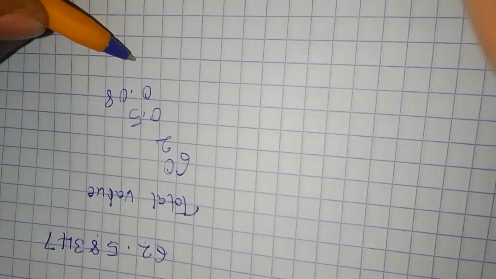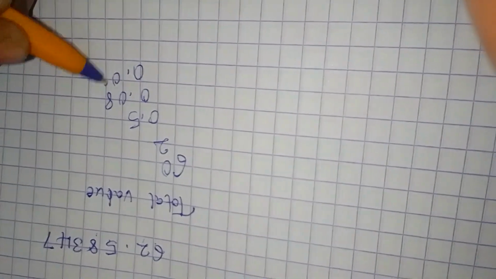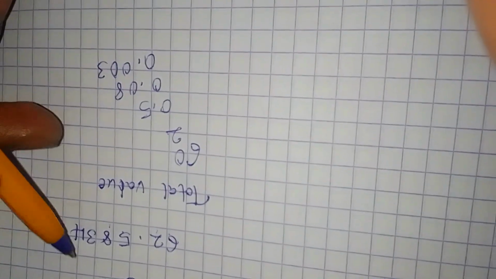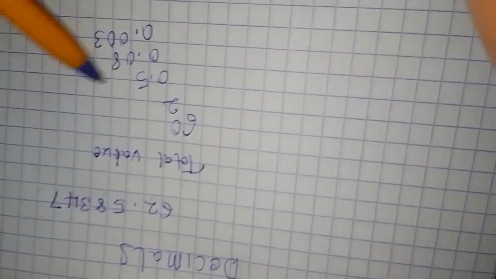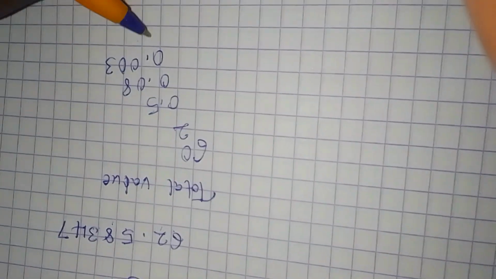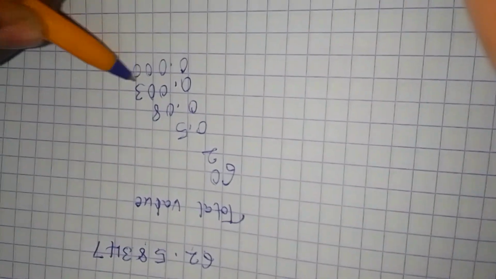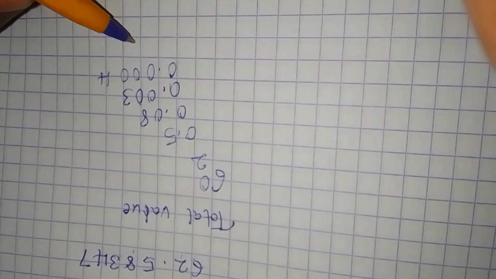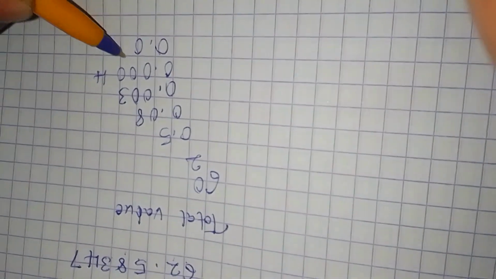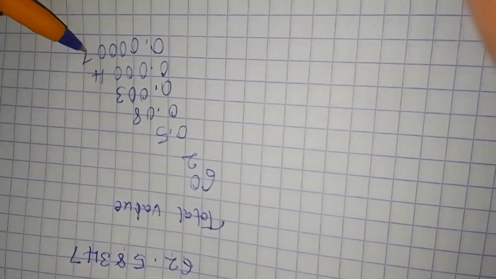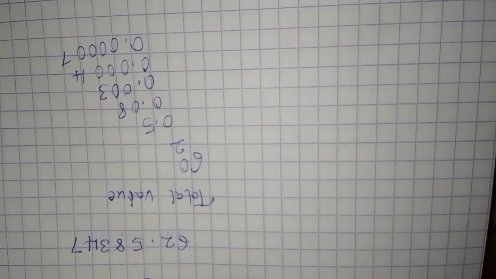For 3, it becomes 0.003. We just replace the other digits with 0. For the 4, it becomes 0.00004. For the 7, it becomes 0.00007. That is how you get the total value of the digits in numbers with decimals.